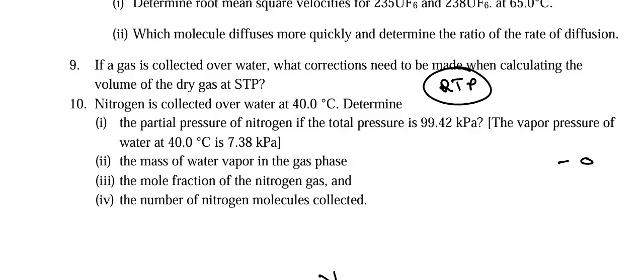The reason why we have this disparity, a gas collected over water, is because at STP the conditions are not the same as at room temperature. At room temperature, if something is meant to be a gas, it will be a gas. If something is meant to be a solid or a liquid, it will be. They can't be mixed. But at STP, things can actually be mixed.